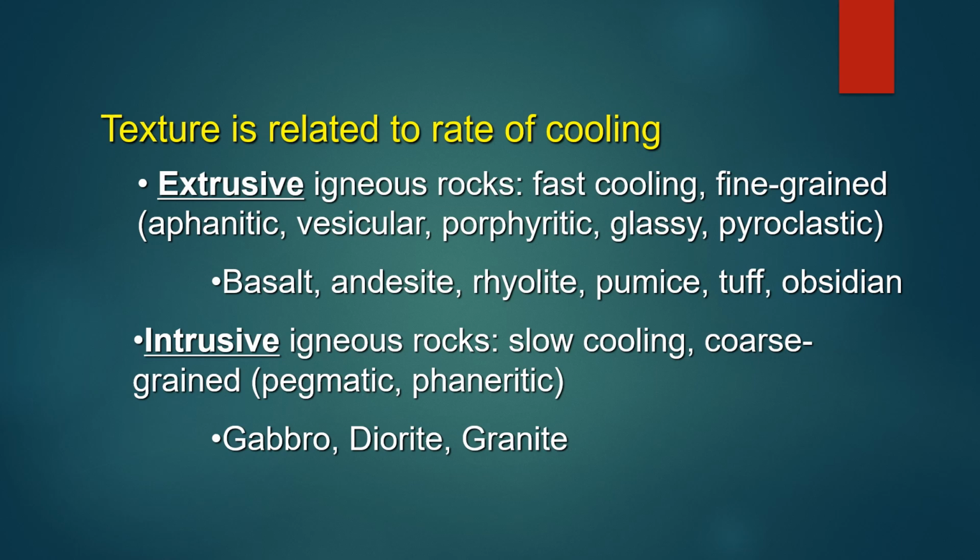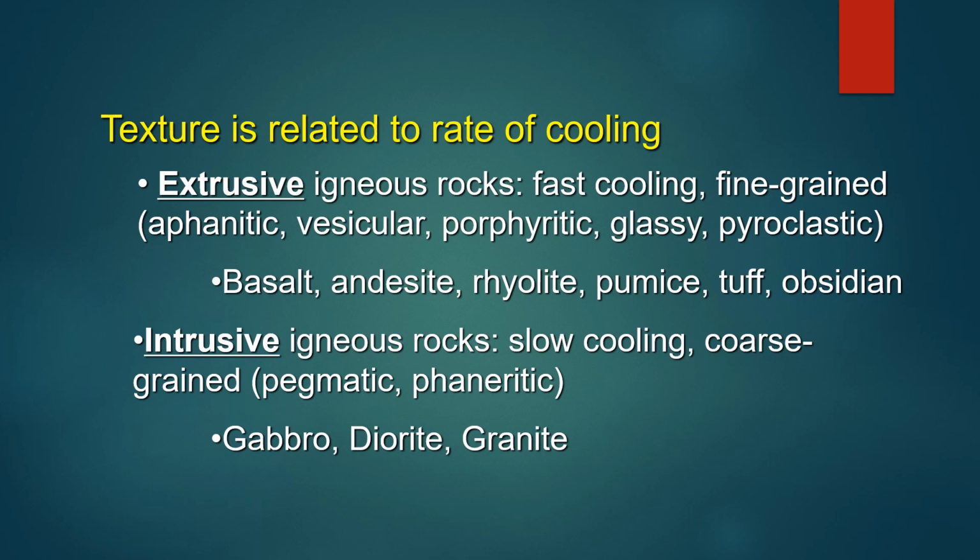If the magma cools fast, the crystals do not have enough time to grow big, while if magma cools slowly, the big crystals will have enough time to continuously crystallize and grow bigger and bigger. Therefore, the texture of igneous rocks reflects the formation process of the rock.